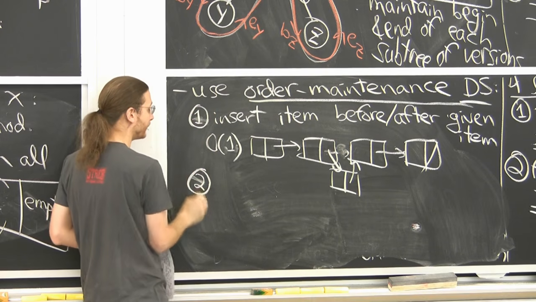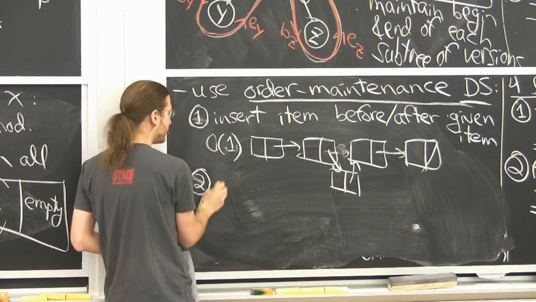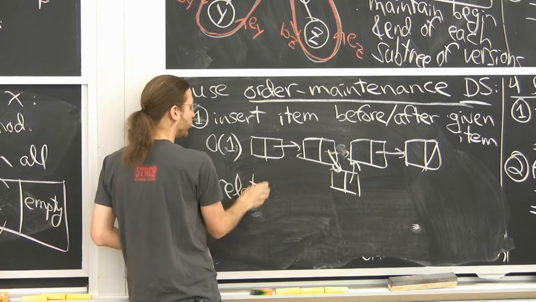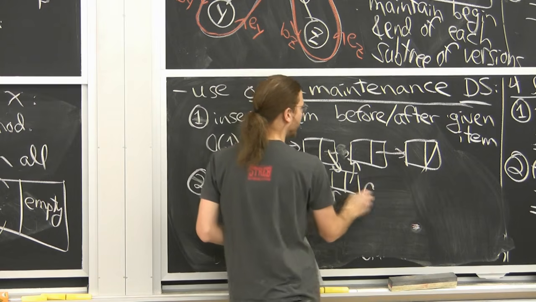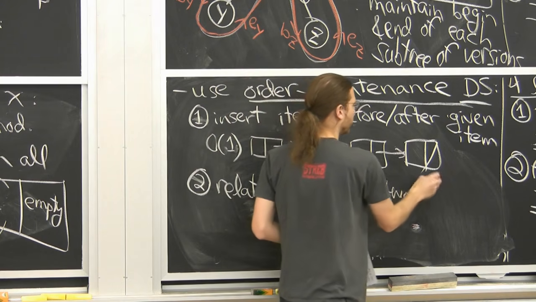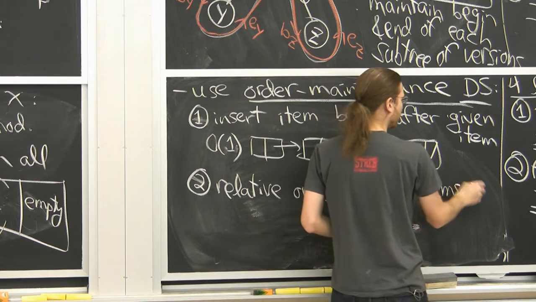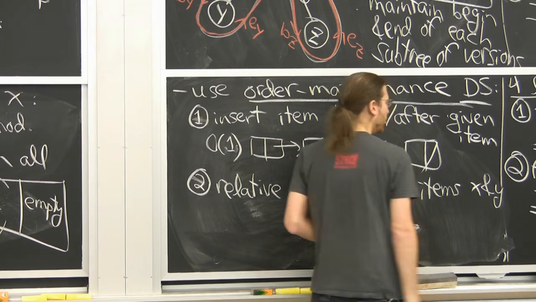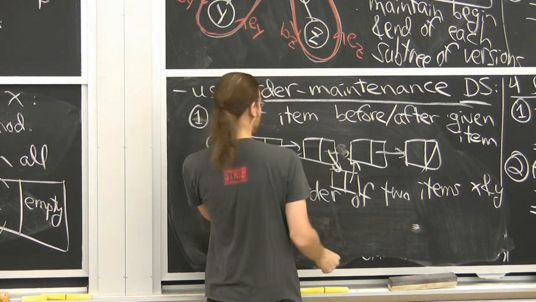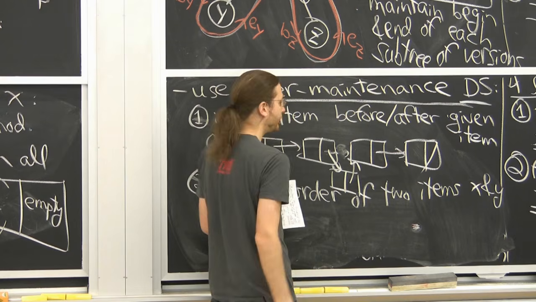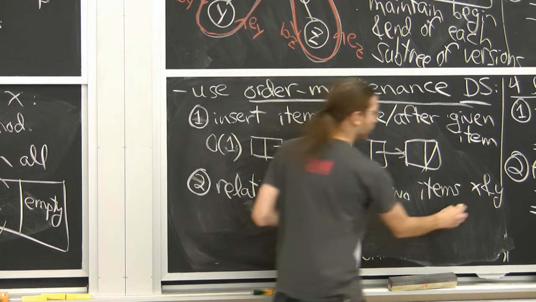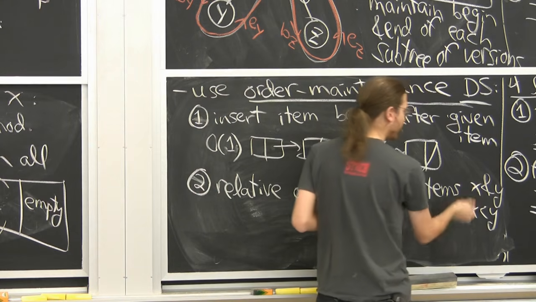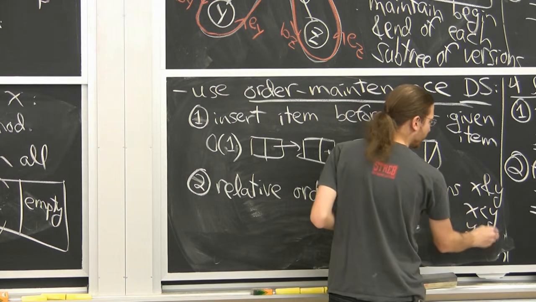Then there's the query. The query is, what is the relative order of two items, X and Y? So now I give you this node, and I say, which is to the left, which is earlier in the order? I want to know, is X basically less than Y in terms of the order in the list, or is Y less than X?